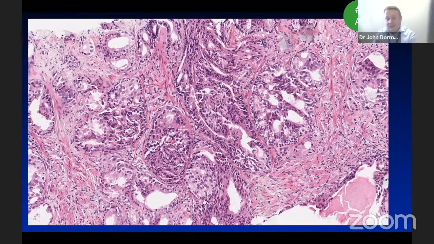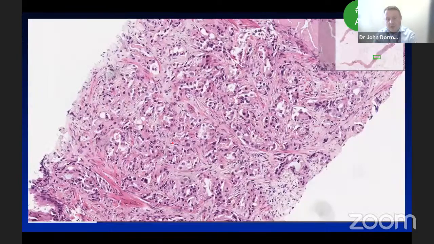I couldn't see any definite comedonecrosis throughout the biopsy. And then you had other areas, such as this one down here, where you've got more classical infiltrating poorly formed glands with the usual features, as you would expect, some nucleoli in here as well. So two components admixed within this biopsy.